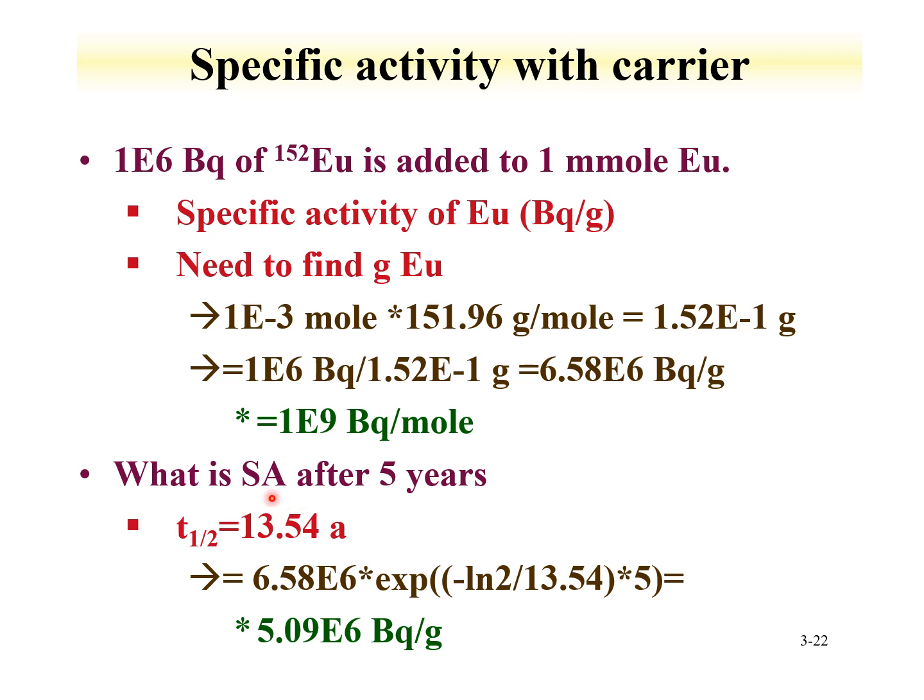The activity at time t would be equal to the initial activity times e to the minus lambda t. In terms of becquerels per gram, in 5 years it would go from 6.58 × 10⁶ becquerels per gram to 5.09 × 10⁶ becquerels per gram. So you do need to consider any changes in activity that would occur with your carrier and specific activity due to the half-life of the isotope that you're adding.